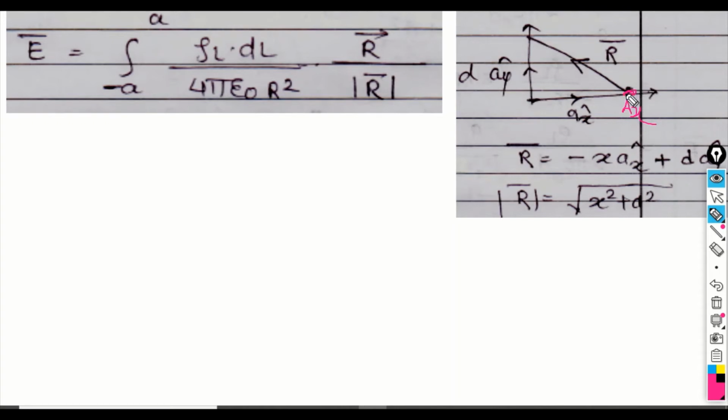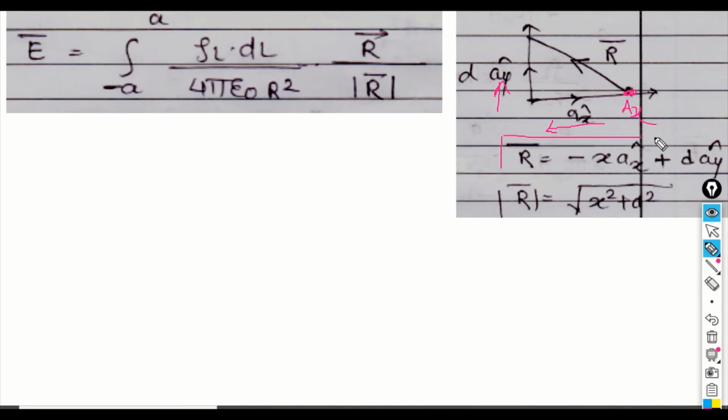It is going from dx to point P. So I can travel in the negative x direction and positive y direction. If dx is located at distance x, the x component will be negative. So it will be minus x ax cap plus d ay cap. This is the resultant vector that I will be getting.